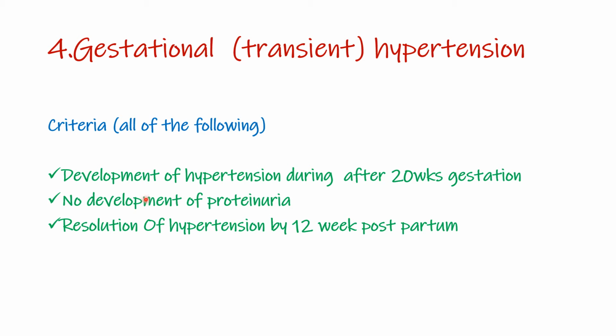This is development of hypertension during or after 20 weeks of gestation, no development of proteinuria or severe features of preeclampsia, and resolution of hypertension by 12 weeks postpartum. What do you define hypertension that occurs at 20 weeks of gestation, however you don't have resolution of the hypertension at 12 weeks postpartum? We define that as chronic hypertension.